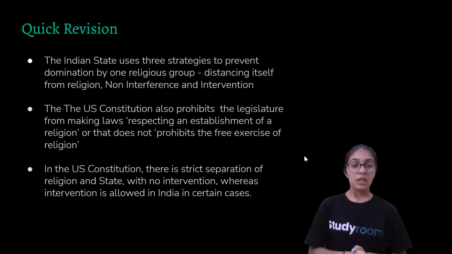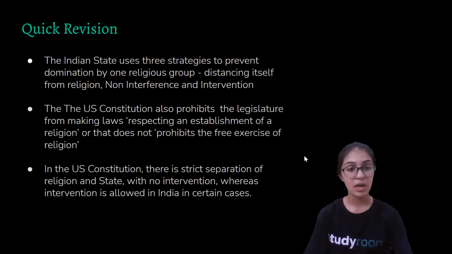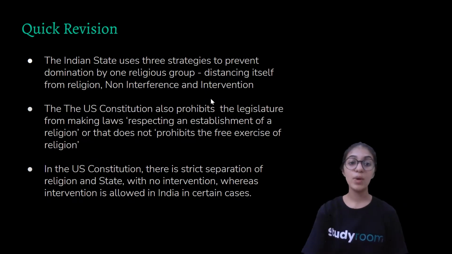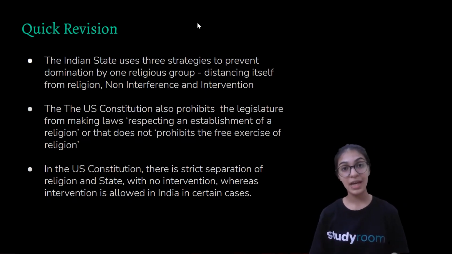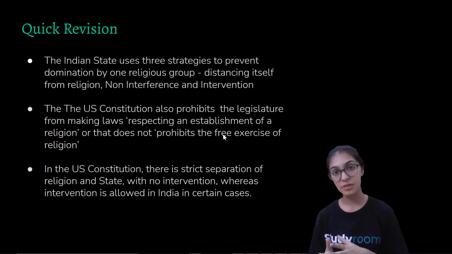The third point is that in the US Constitution, there is a strict separation of religion and state with no intervention, whereas intervention is allowed in India in certain cases. Alright, understanding this topic once again for the last time. In the US, there is a strict separation of religion and state. That means that neither the state interferes in the religious communities nor the religious communities interfere in the state.